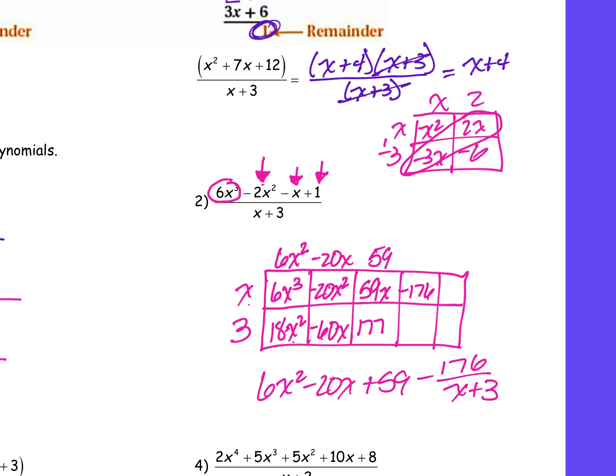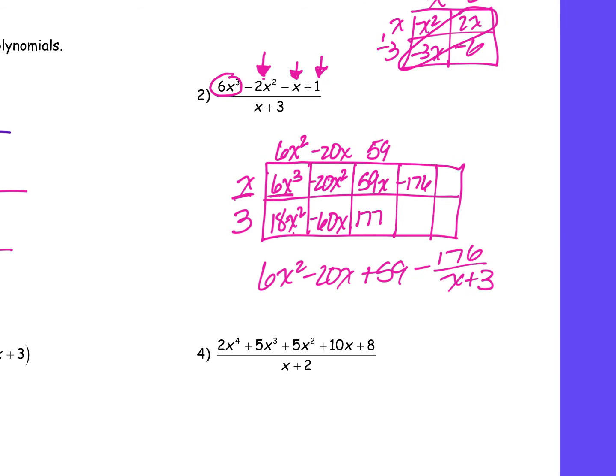Why is it 6x squared instead of cubed? Because I needed to know what I multiply x by to get 6x cubed. Remember, this is a multiplication table. This times this has to equal this. So what do I multiply x by to get this answer?